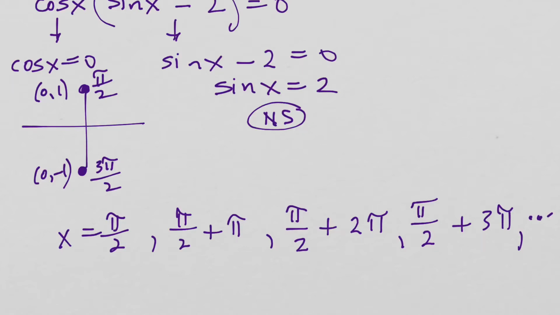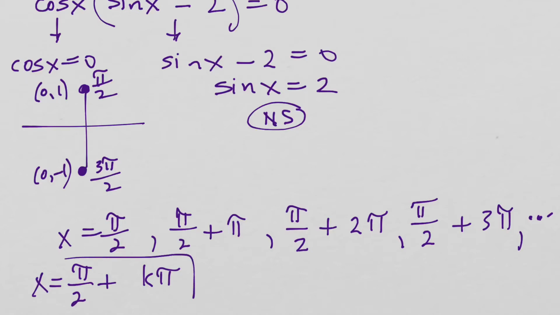And then it'll keep going on and on and on till infinity. And so you'll have infinitely many angles that have a cosine of 0. So we can write that as x is equal to pi over 2 plus multiples of pi.